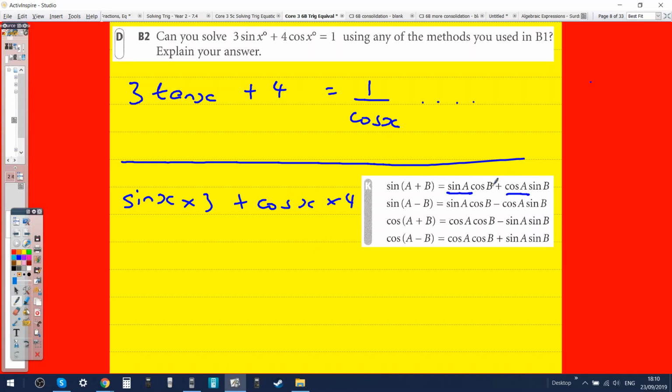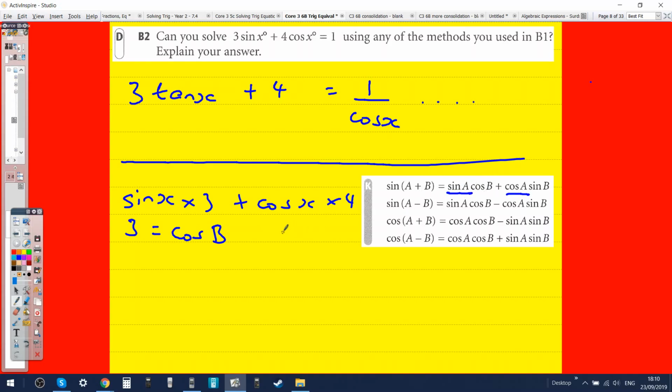So it would look like that. And so what do you know about the 3? Not much. I'm not too sure. So 3 must be equal to cos b.